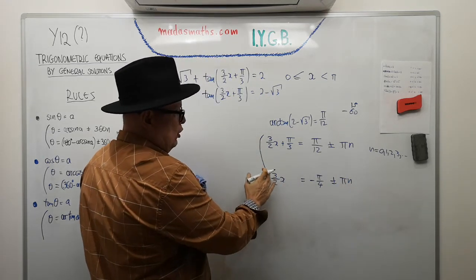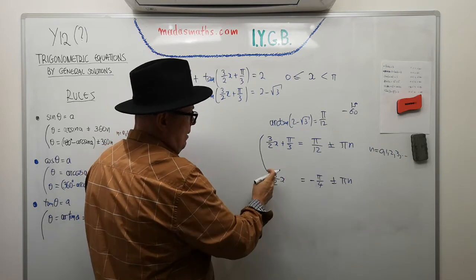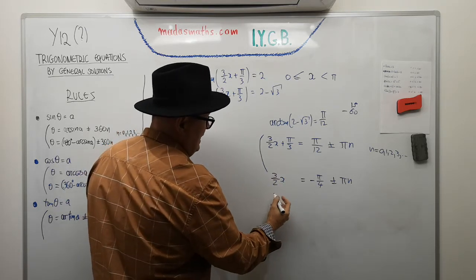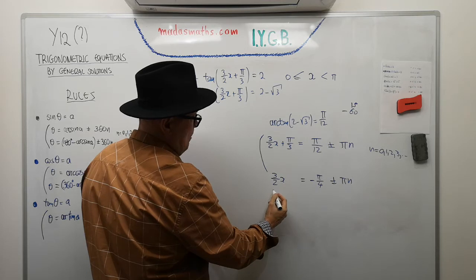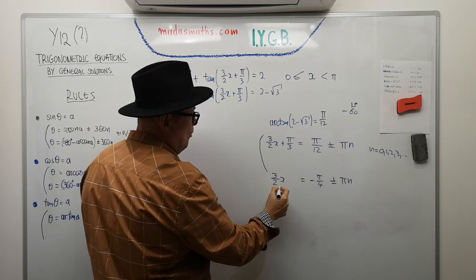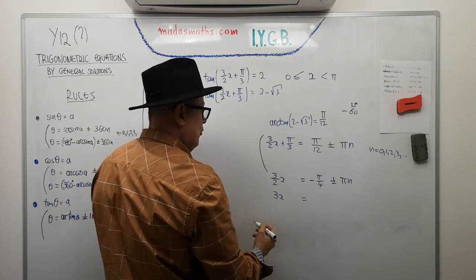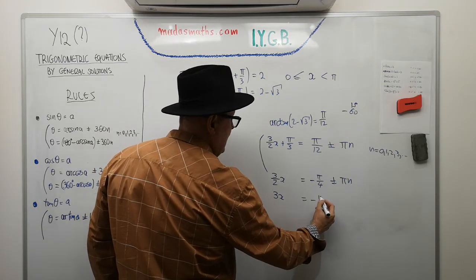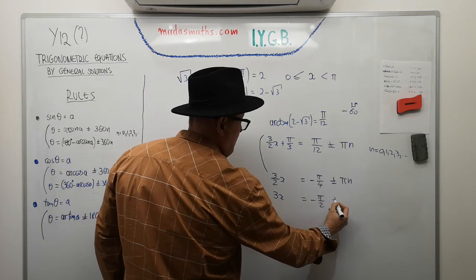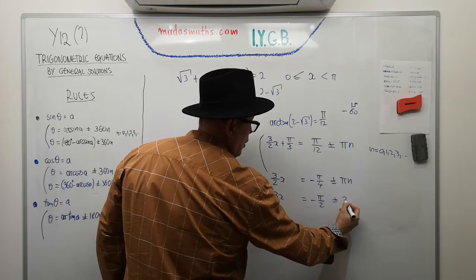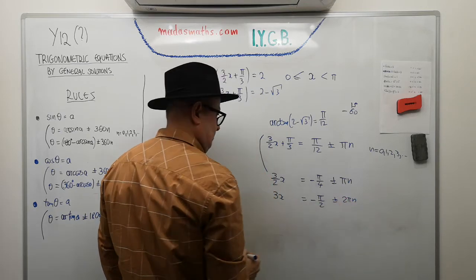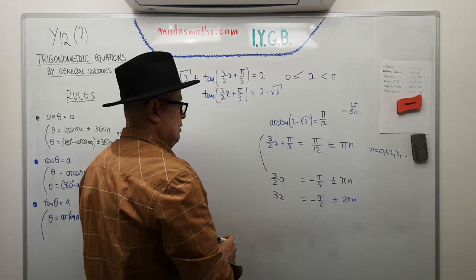After that, we can actually use the calculator and divide everything by 3 over 2. I'm going to do it in 2 steps. So first of all, I'm going to double the equation. So 3x, I'm doubling this, so it's going to go minus pi over 2 plus or minus 2 pi n. And what do we go next?